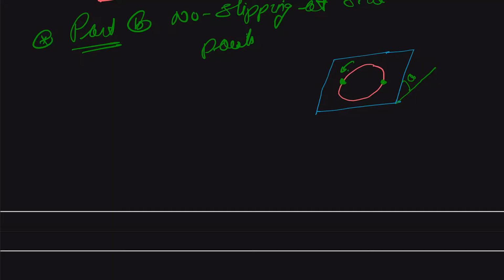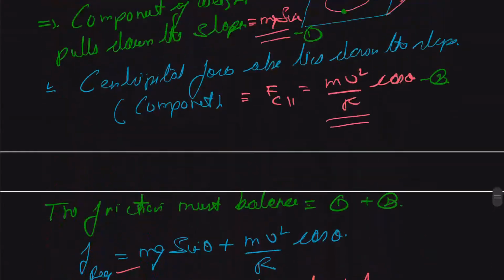Now, if the circle was horizontal, we know that the centripetal force will be acting toward the center. But it is at an angle, therefore the centripetal force will have two components. Toward the center it will be our parallel component, and our perpendicular component we have already discussed.